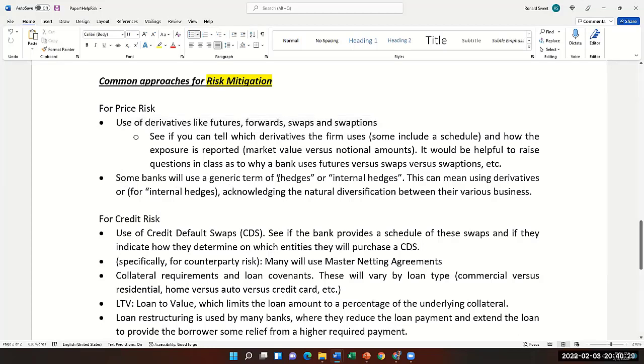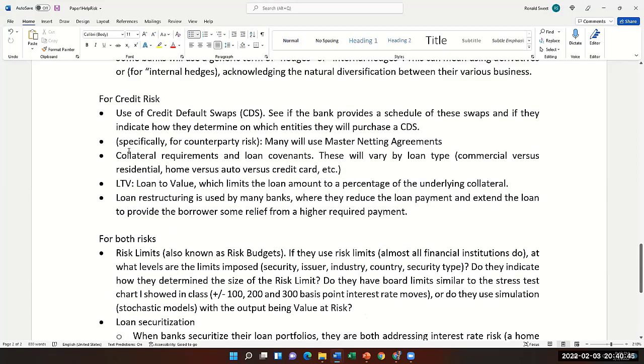They'll use generic terms like hedges, internal hedges. Usually if they say hedges, that means they're using derivatives of some type. Sometimes they're not real detailed.